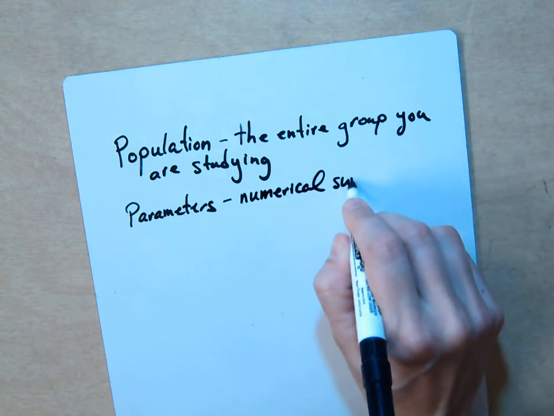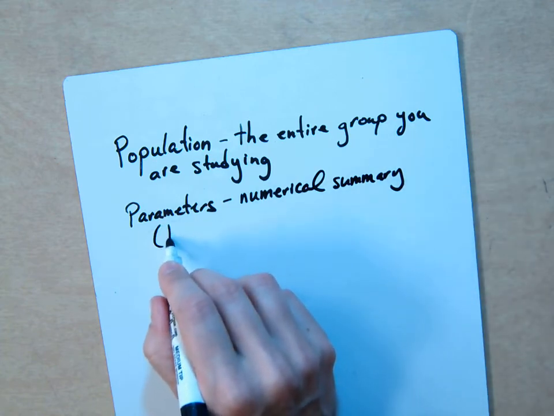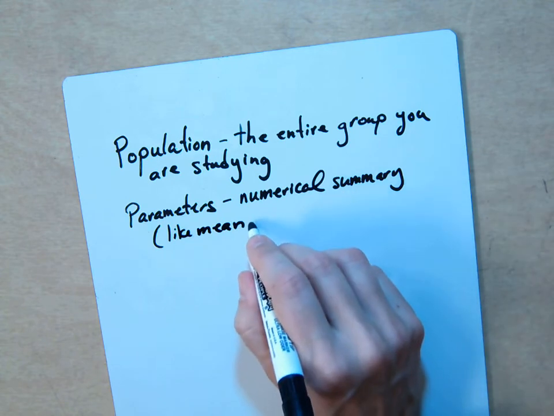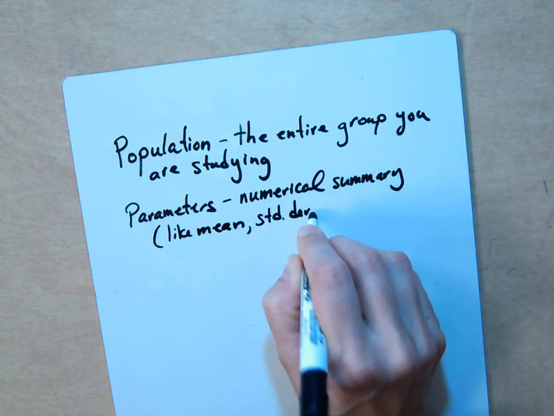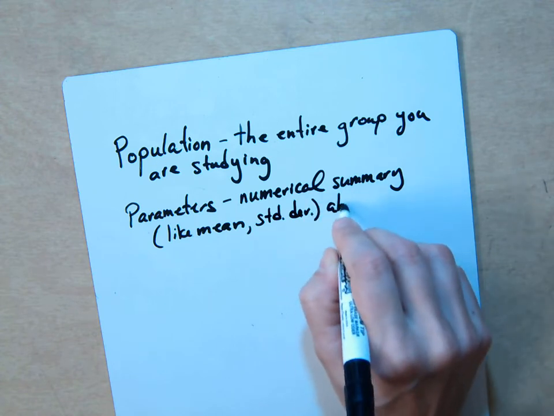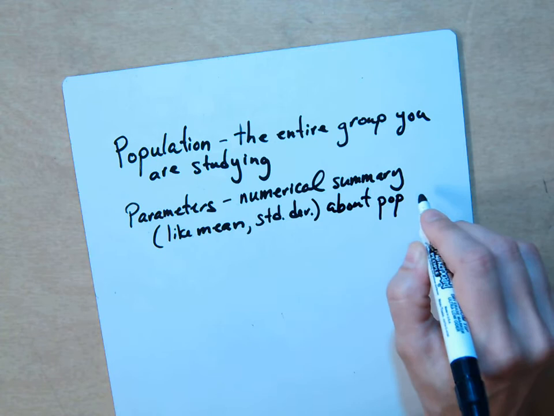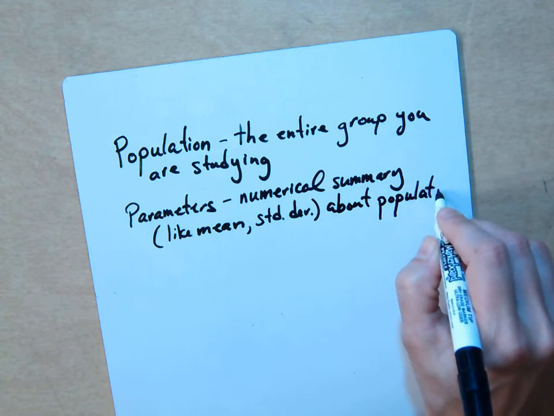Numerical summary, like, when I say numerical summary, I mean like the mean or standard deviation. Could be the mode, mean, standard deviation, about the population. So it might be the mean number of hours of sleep that everyone got last night.